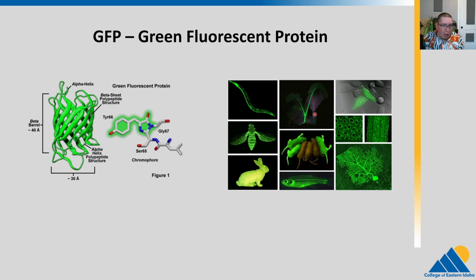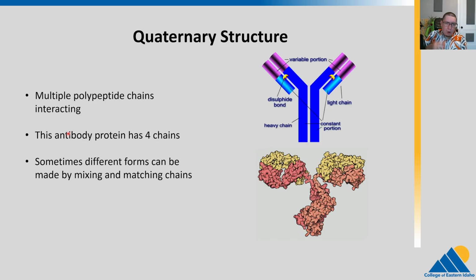So this is our third level, that 3D folding. We do have a fourth level, the quaternary structure. This is when we get multiple polypeptide chains interacting. This doesn't always occur, but in these things called antibodies, antibodies have 4 different polypeptide chains. They have 1, 2, 3, 4, and they interact with one another.